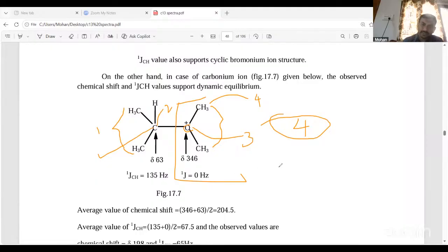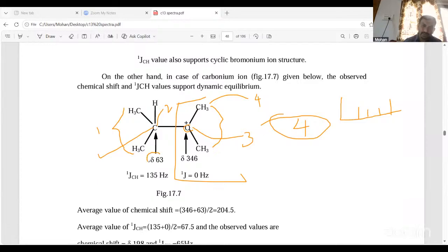But when we record the C13 spectra, it is showing only two signals here, right? As per the theoretical observation, we'll get four signals here. But experimentally, it is giving two signals, right?